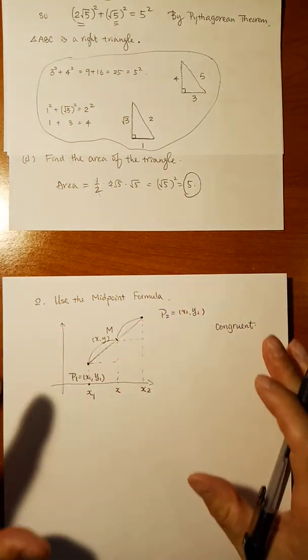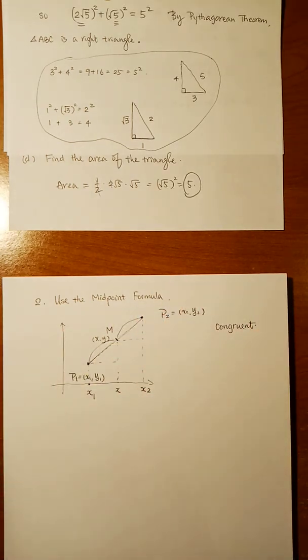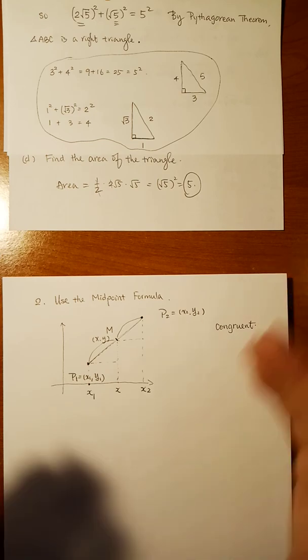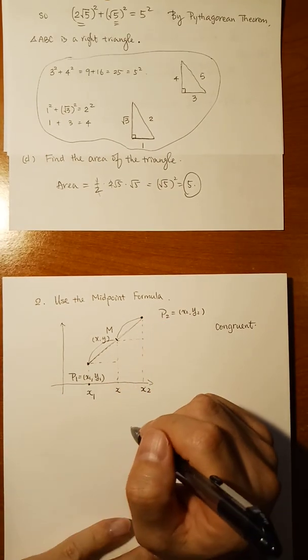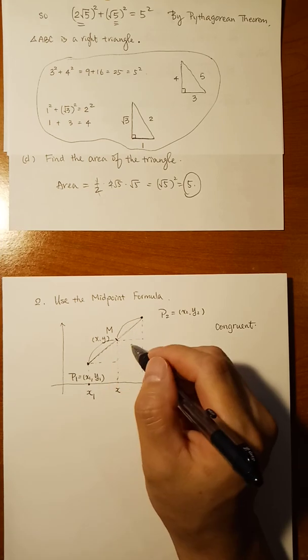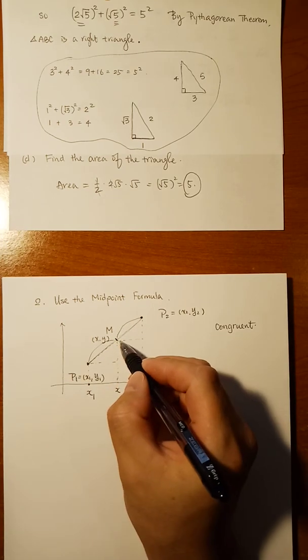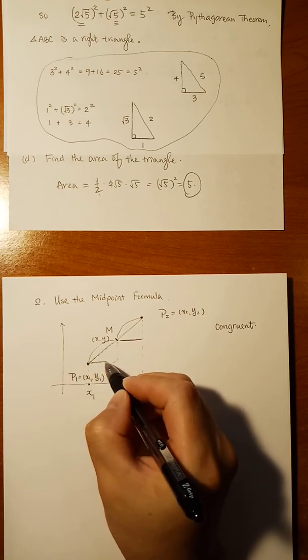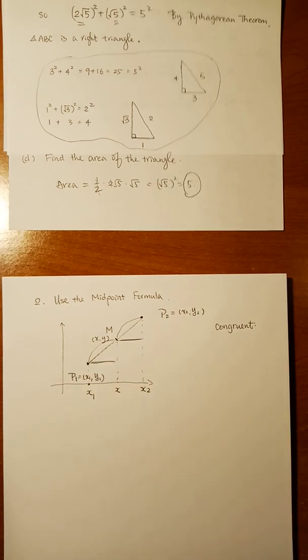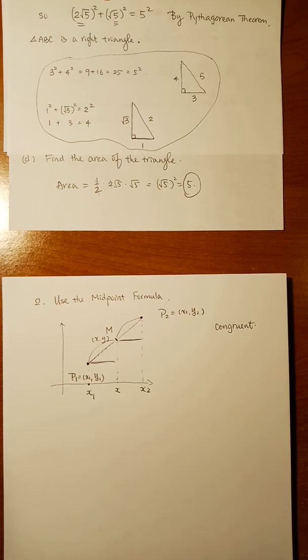Congruent means they have the same length, same height, same angle, but only different positions. Okay? Two triangles are congruent. For those two congruent triangles, this side is equal to this side.